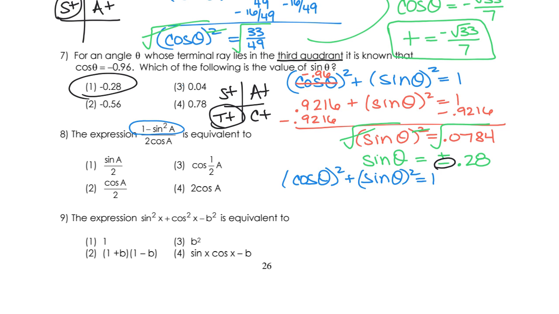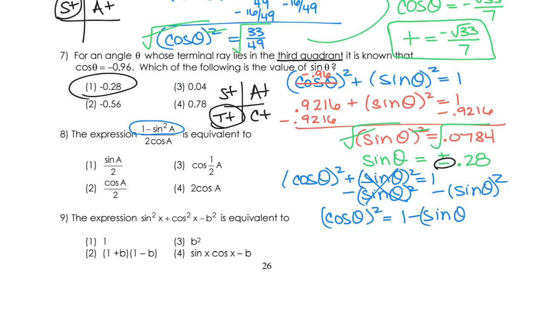To match what we have on top, I want to move sine theta squared over to the other side, so it will be gone, and we end up with cosine theta squared equals 1 minus sine theta squared. They rewrote it without the parentheses, so the squared hops onto the sine.